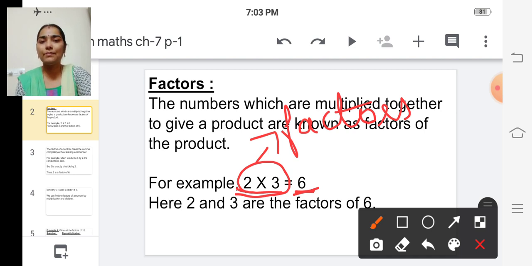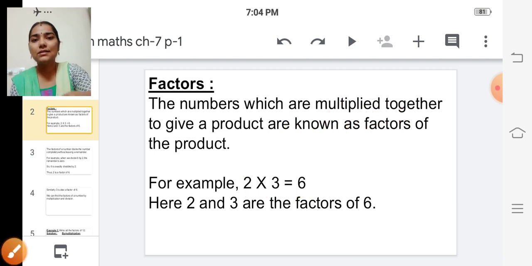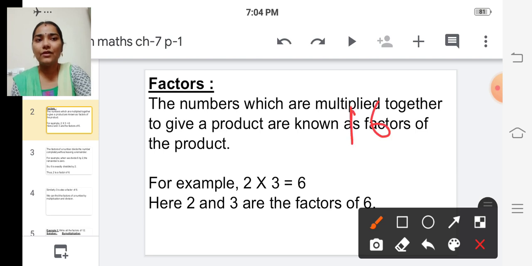So if we multiply two numbers to give a product, then those numbers are the factors of the product. Okay, because these factors divide the product exactly. That is, it leaves 0 as the remainder. So if we divide 6 by 3, then 2 3s are 6, isn't it?